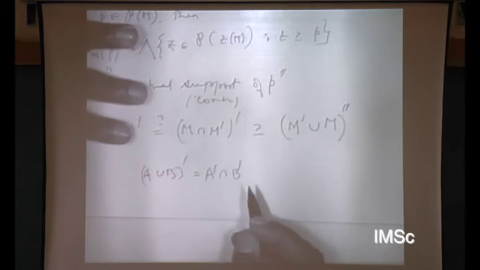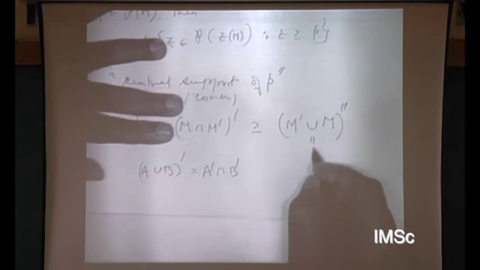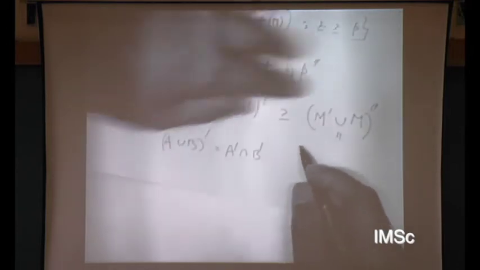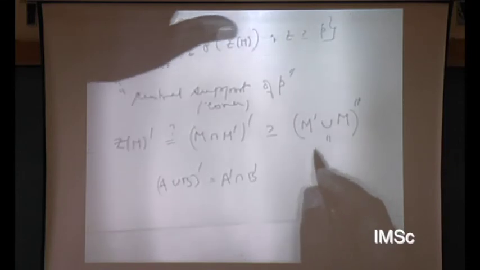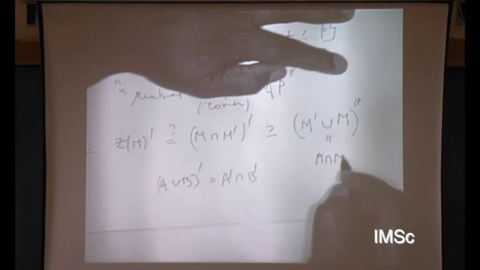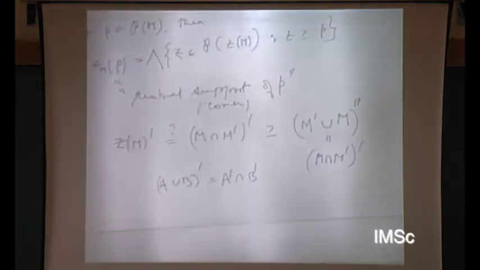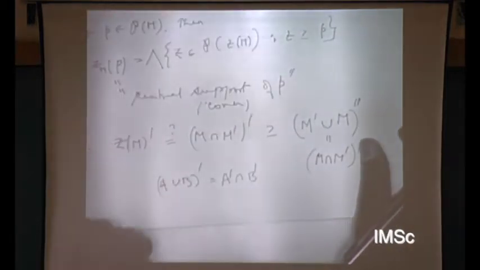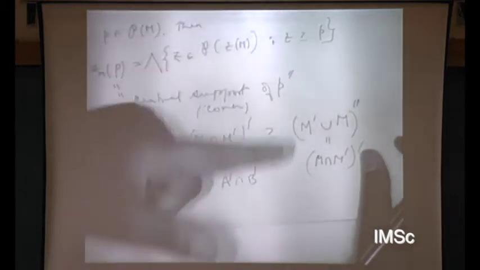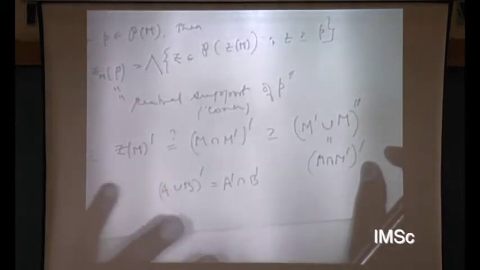Consequently, if we take one commutant, I just get M intersect M prime, which is the center. If we take the double commutant, I get the commutant of that. So this is exactly the commutant of the center of M.